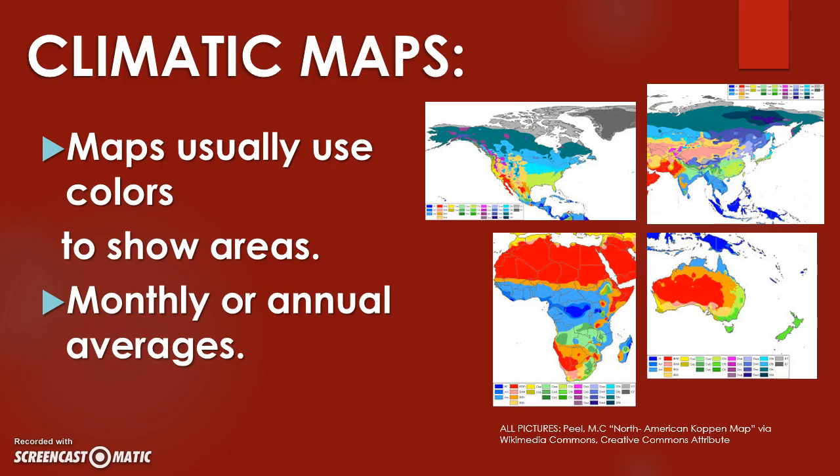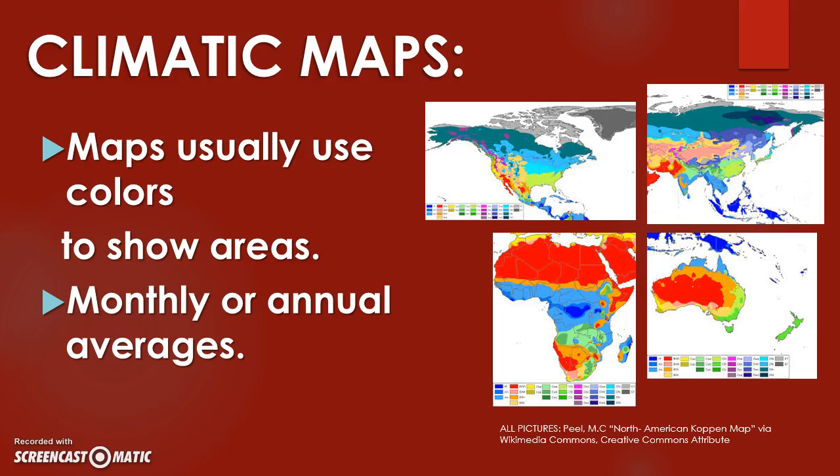And on to our next kind of map, climatic maps. You can all guess what this one may be about. Climate, obviously. It shows different areas of the world and what kind of climate they may possess. A totally different kind of map. This map uses colors, as you can see, all these different colors, and they have a key at the bottom that has each of the colors that's in the map.